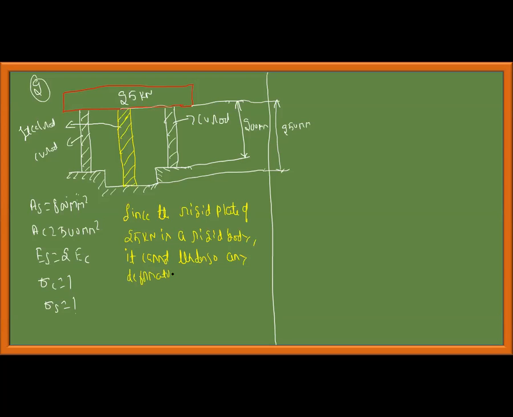This plate is rigid, it remains horizontal. It cannot deform like this, one edge like this, other edge it will not deform like this. For it to remain horizontal, therefore I can say deformation in copper should be equal to deformation in steel. Hope you can understand this, right?